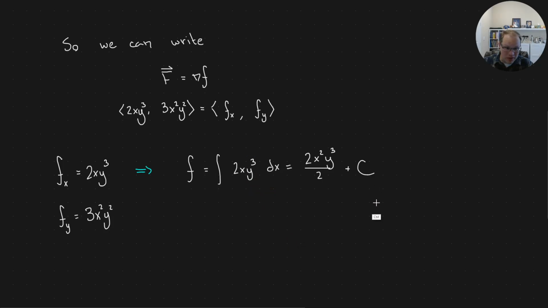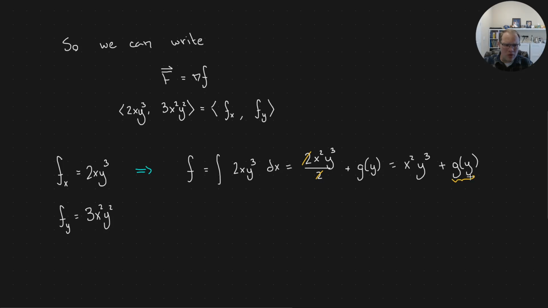So instead of putting a c here, this really could be some function of y, because g of y is a constant with respect to variable x. Cancel the 2's.